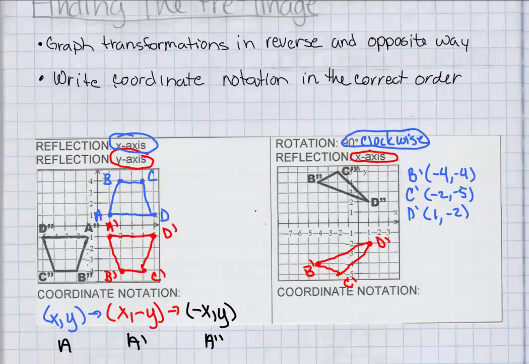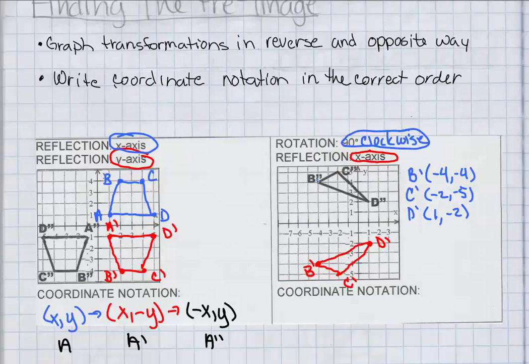So whenever I replot it and it goes 90 degrees clockwise, that means that this will rotate around this way. It'll end up here. -4, 4. -4, -4.